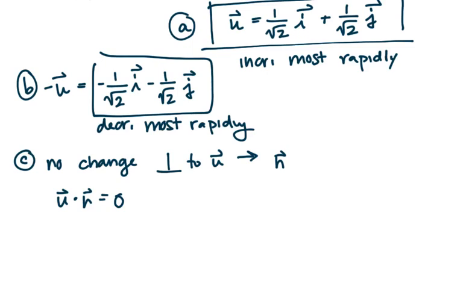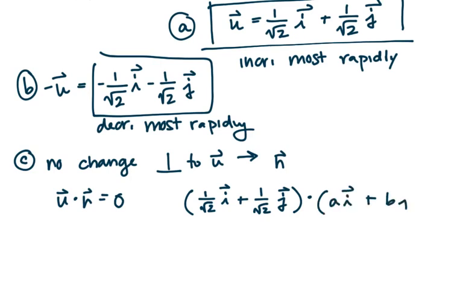So if I take u, 1 over √2 i plus 1 over √2 j, and I dot that with some vector ai plus bj, that's going to give me 1 over √2 times a plus 1 over √2 times b. And we know that dot product has to equal 0.